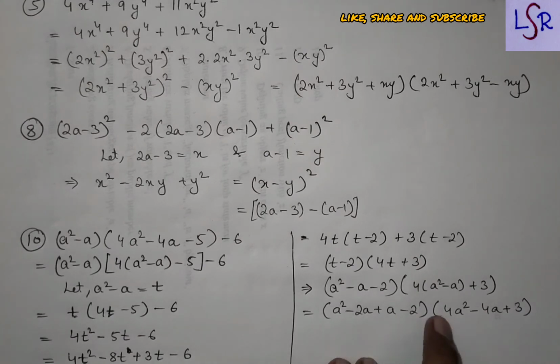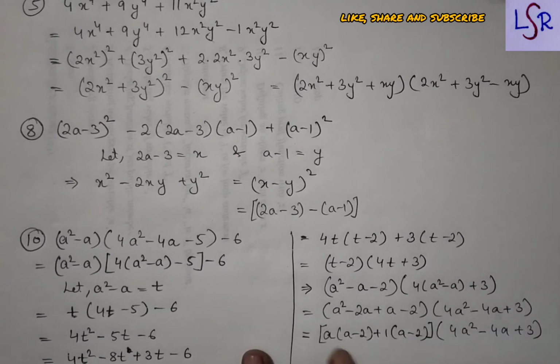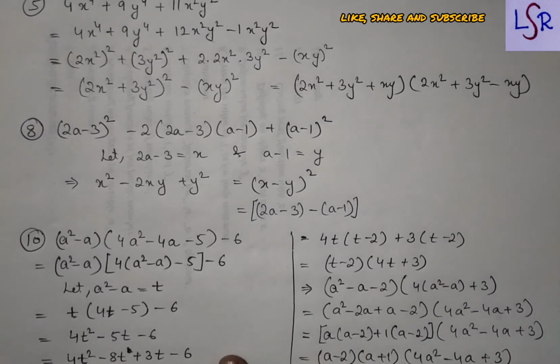Then this is opened, and this can't be broken down further, so it will be just copied. From these two we have taken a as common, and from this one we have taken only 1. Now we can take the bracket a minus 2 as common from these two. And finally we are left with a minus 2, a plus 1 and this whole bracket as the answer.